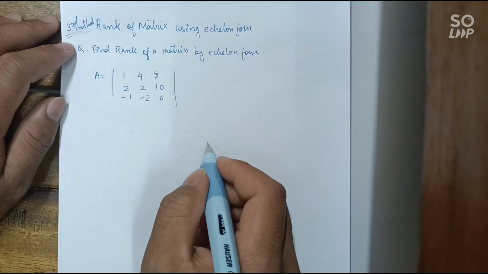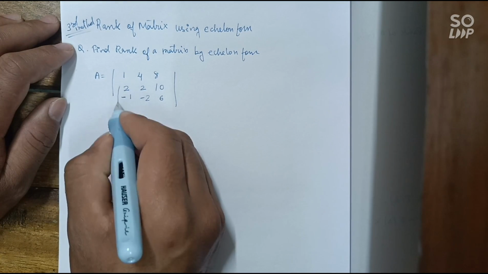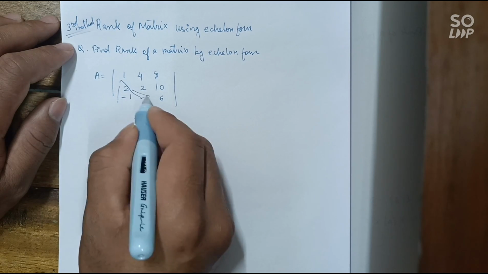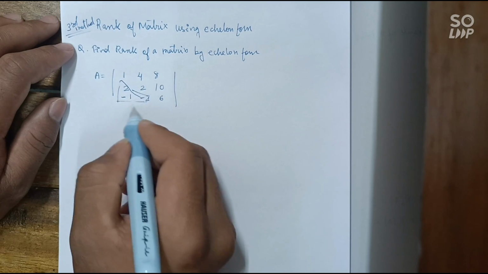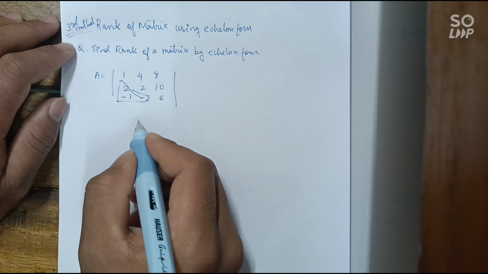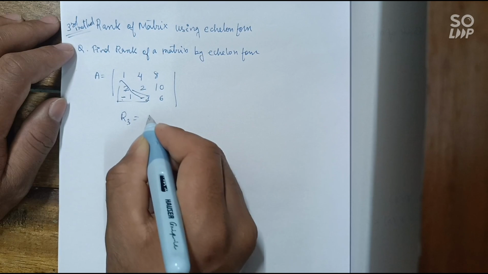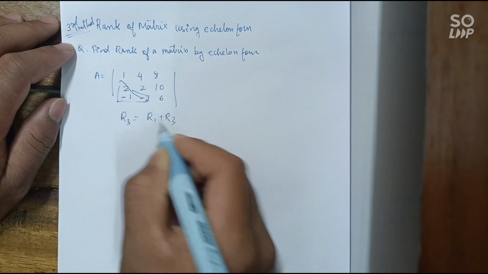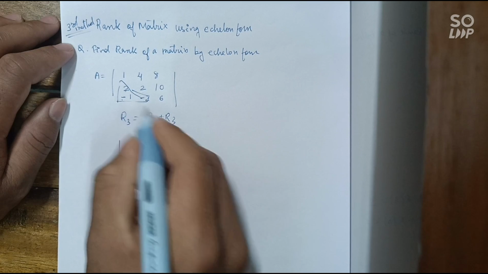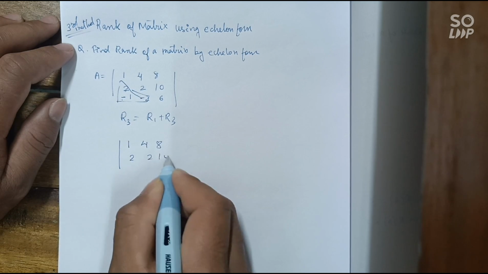Yes, we know that in our echelon form we need our lower triangular matrix as 0. So we have to make this one 0 0 and 0. So we have to apply R3 equals R1 plus R3. We need to make this one 0. So let's write here 1 4 and 8, 2 2 and 10.